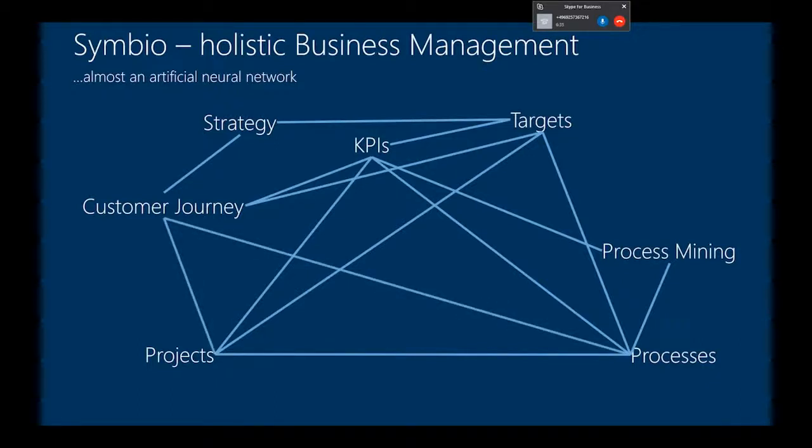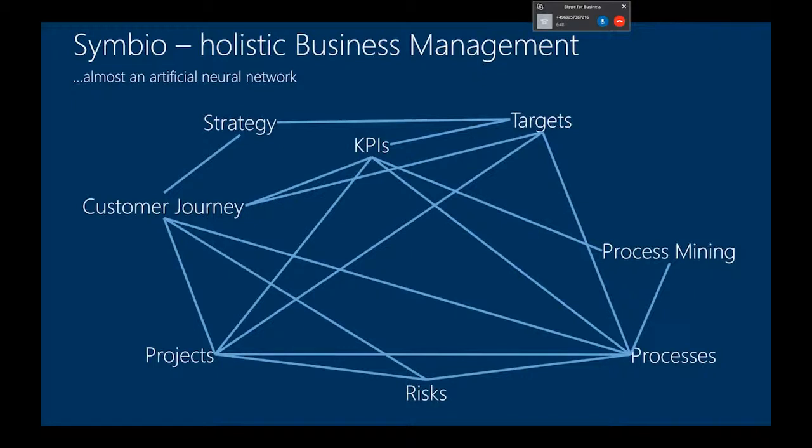Last but not least, you can also link your processes to the customer journey via touch points. That's a crucial thing you will see in a few minutes. And you have risks all over the place, more or less. You can also manage and link them to the various components you can manage in Symbio.